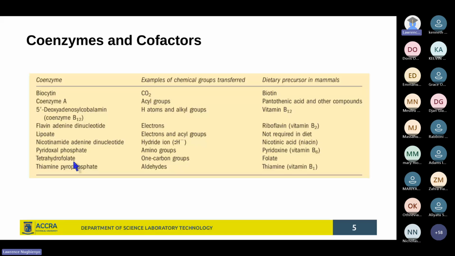So you see that a lot of times in pregnancy, folic acid is prescribed for pregnant women to be taking because it's very much involved in the development of neural tubes. That is the brain of a developing fetus.